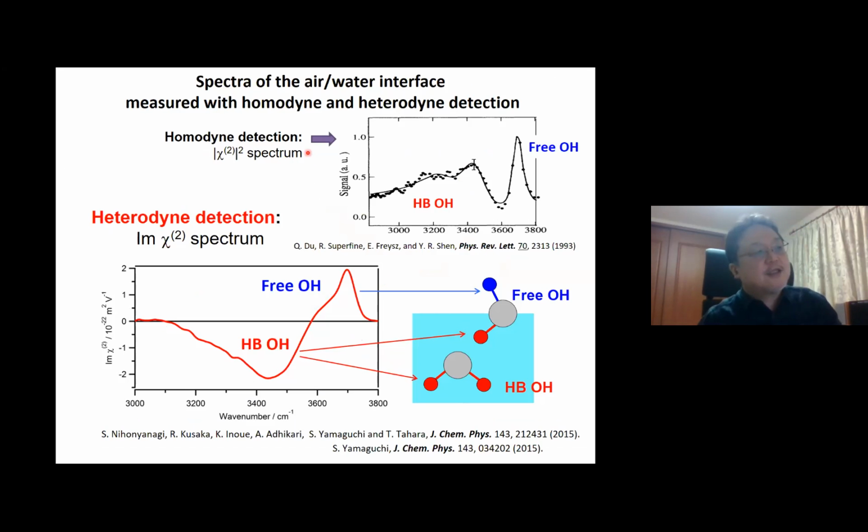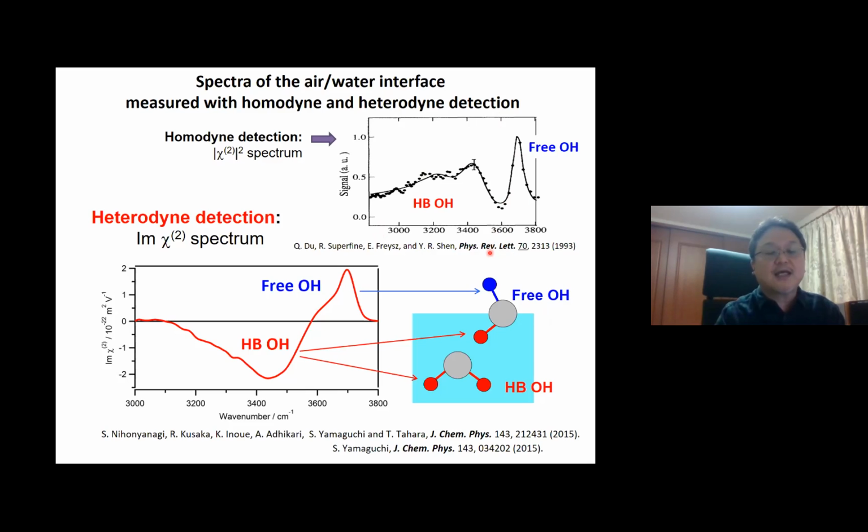Then this is a typical example of VSFG spectroscopy. This is the very famous spectrum of the air-water interface reported by Y. R. Shen in 1993. In addition to the hydrogen bonded OH broad band, we observe very sharp free OH bands.